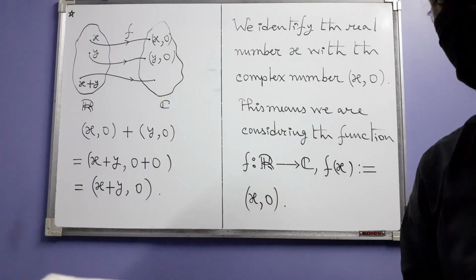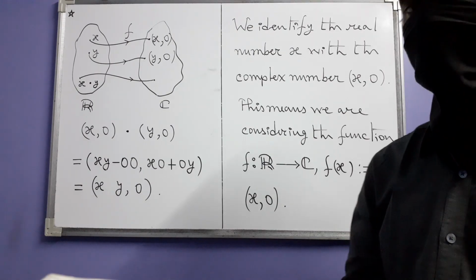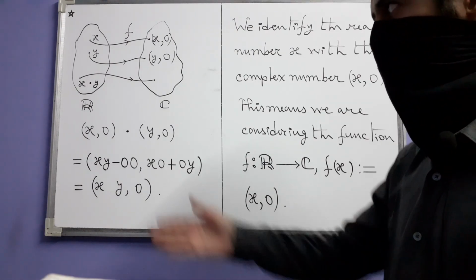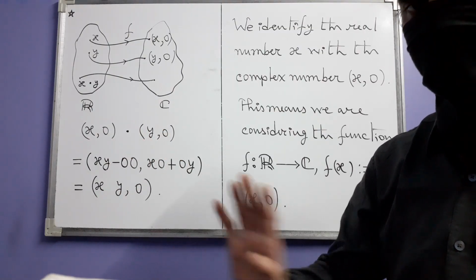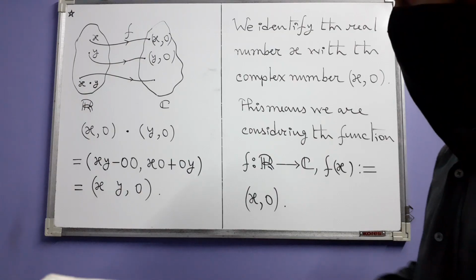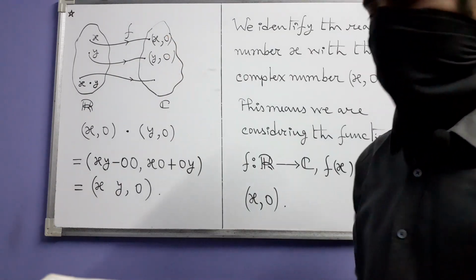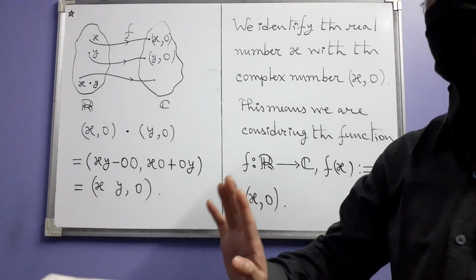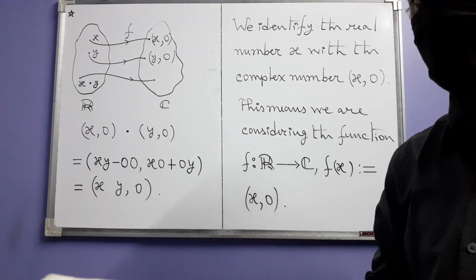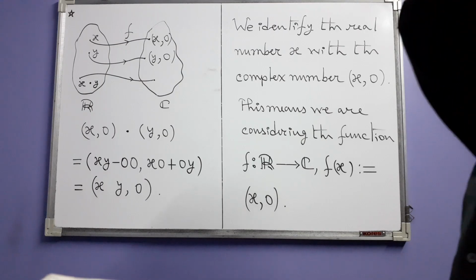Let's see. So when you think of multiplying two real numbers, you just get their product. That also has a separate definition of its own, not going into that. But instead, if you multiply their reflections in the complex world, then what do you get? Let's apply the definition carefully first, because complex multiplication is really complex.